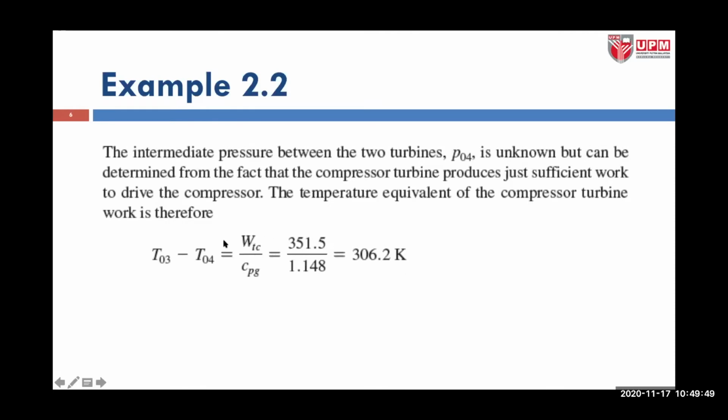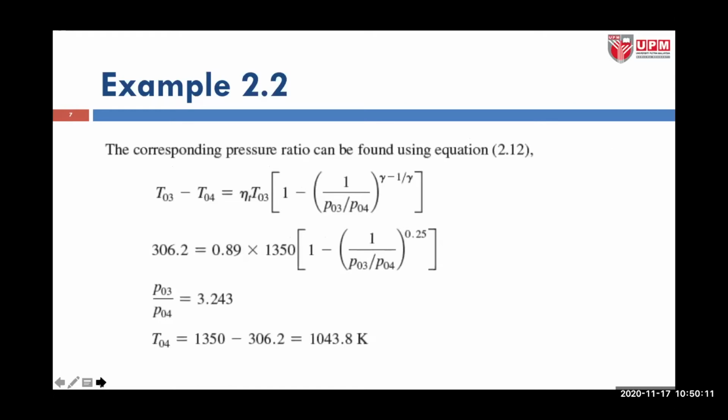You input the values of the compressor turbine work we have already calculated, and then we also have the value of the specific heat capacity at constant pressure for the combustion product gas, 1.148.